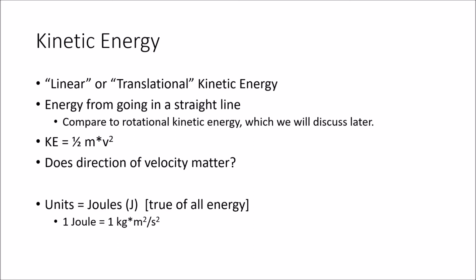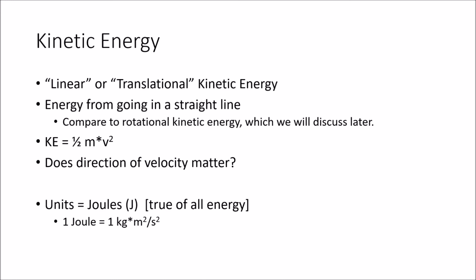Or more commonly, it's just called kinetic energy. The book will sometimes call it kinetic energy, and it will sometimes call it translational kinetic energy. And you have to be very careful of how it's discussing things. The alternative is rotational kinetic energy. And so I'll try to clue you in on when the book is talking about one or the other.